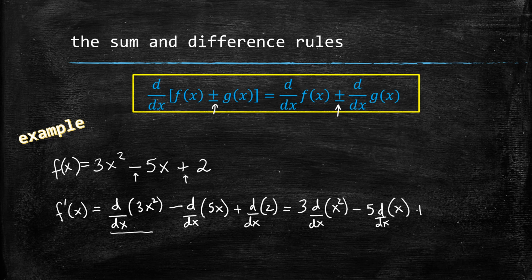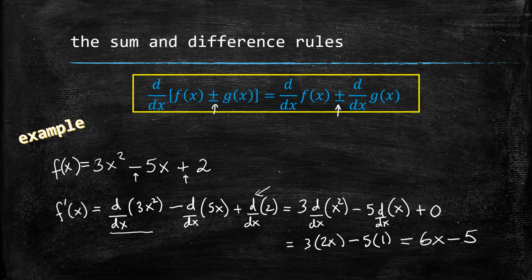And since I'm here, this last one, the derivative of a constant function, I know is 0, so I'm just going to put that in right now. Then the derivative of x squared is 2x by the power rule. The derivative of x is just 1, and we get 6x minus 5 as the answer.